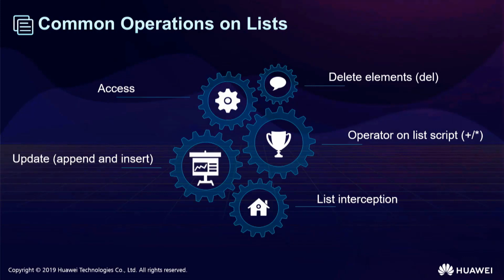You can access the elements in the list and delete an element or the whole list. Also, you can copy the list, and use add and multiply. You also can use append or insert to update the elements.